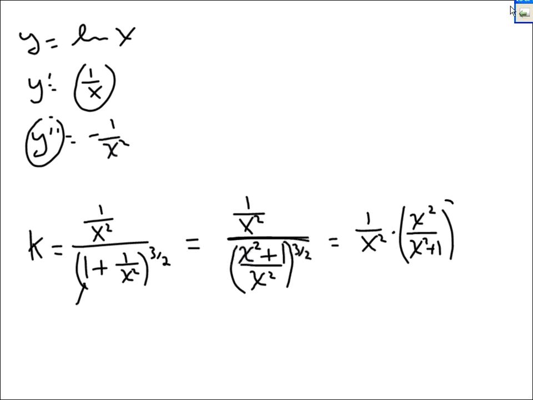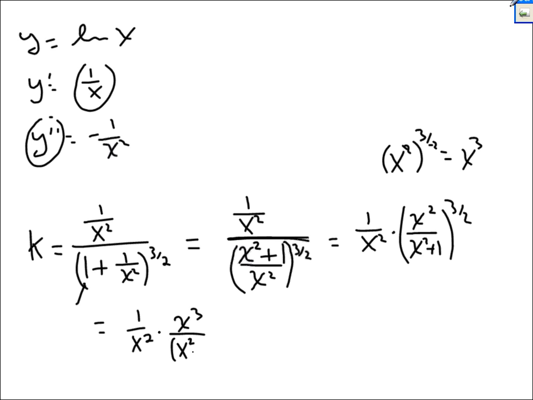All to the 3/2. But that's 1 over x squared times the numerator to the 3/2 power, which is x cubed, divided by the bottom, x squared plus 1 to the 3/2 power.